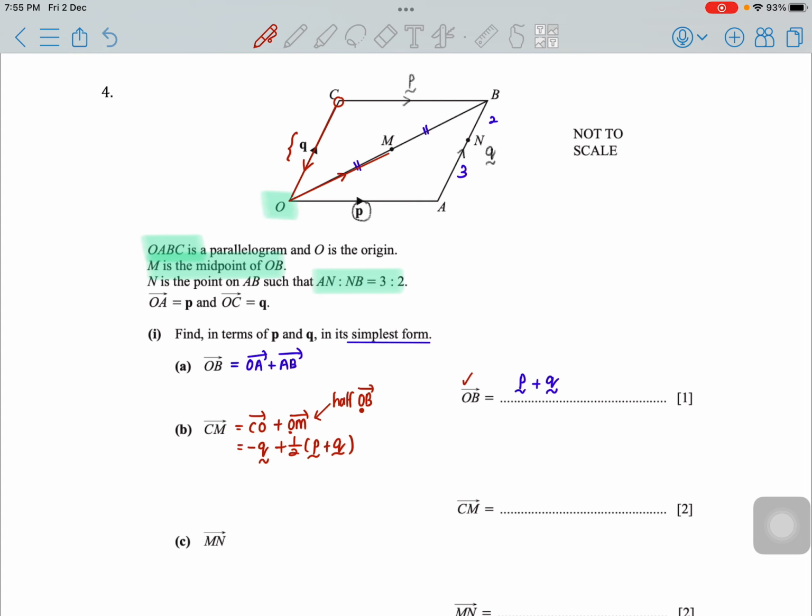How do I simplify? I go and expand here. Half P and half Q. And that will give me half P minus half Q. You can leave your answer like this, or you can even factorize. Either one is accepted.